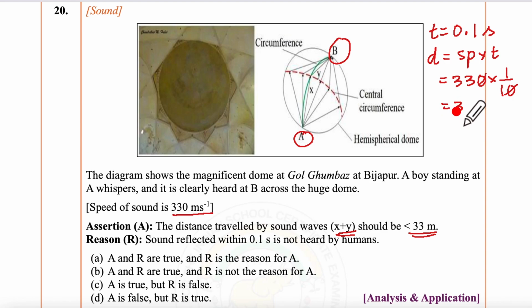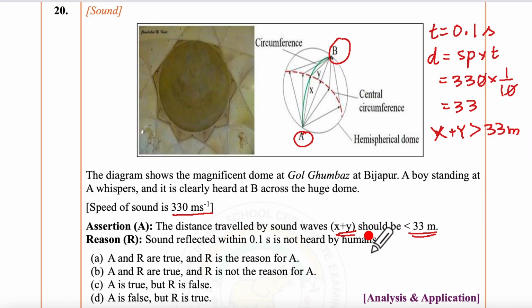So that will be 33, which means the distance between x and y, this x plus y. This is your x distance, this is your y distance. This reflection, this should be greater than 33 meters.